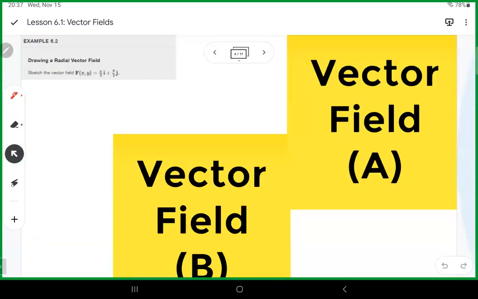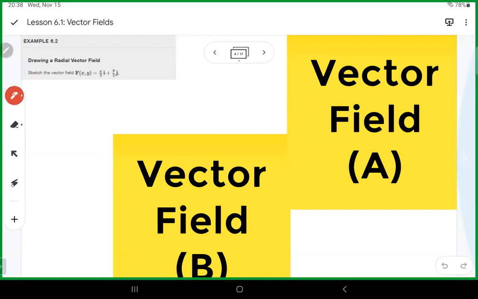So A shows the vector field. To see that each vector is perpendicular to the corresponding circle, B shows circles overlain on the vector field. So what I'm going to try to do is give you the points, and then you'll be able to plug those in, and you'll be able to see how they got their vector field.